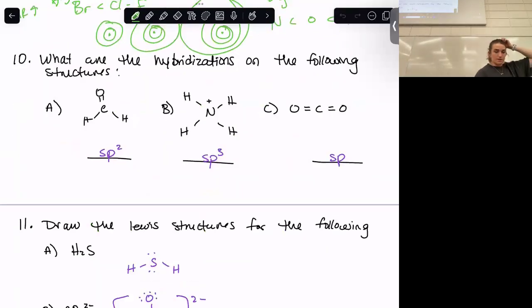Yep, so for number 10, we're just asking the hybridizations of the following structures. When you look at hybridization, you just want to look at how many electron domains are on that central atom. So for CH2O here, how many electron domains are there around that carbon? There are 3 electron domains.